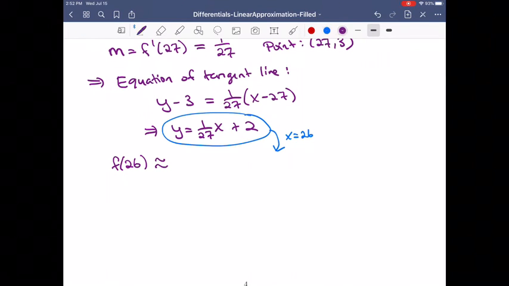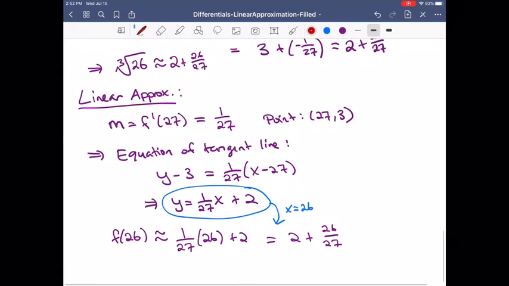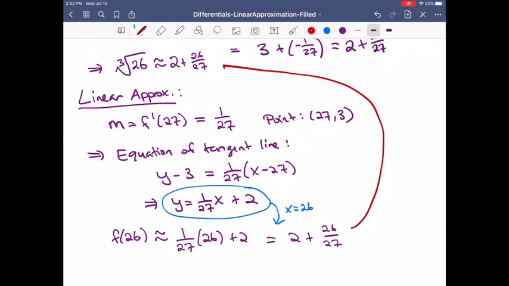So this is going to be 1 over 27 times 26 plus 2, which is 2 plus 26 over 27. Notice that this is the same as what we got above.